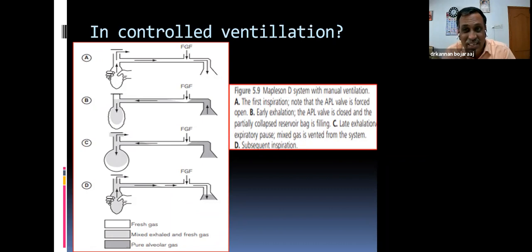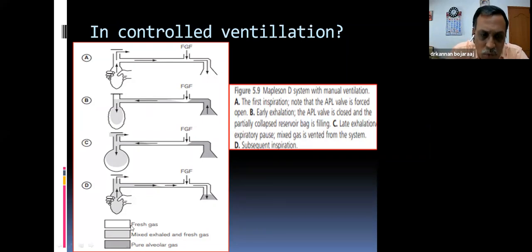So rebreathing is inevitable, almost. We cannot dare share about it. And during the next act of inspiration, what happens? We are squeezing the bag and the pressure mounted in the system is very high, and it will self-open the APL valve, and some of the gas will be vented out during inspiration, and these gases and fresh gas flow both get inside the patient during the act of next breathing.